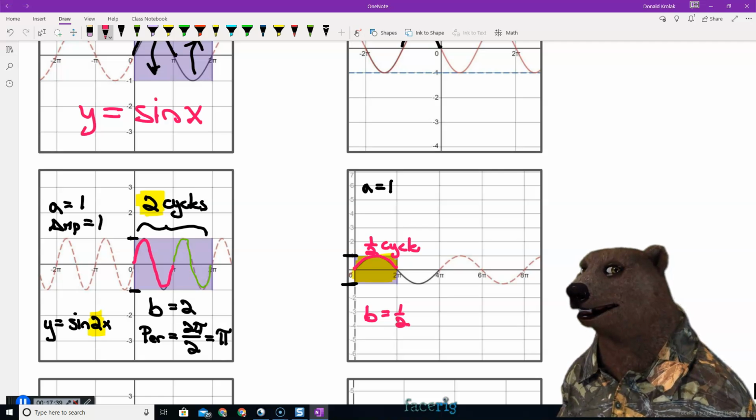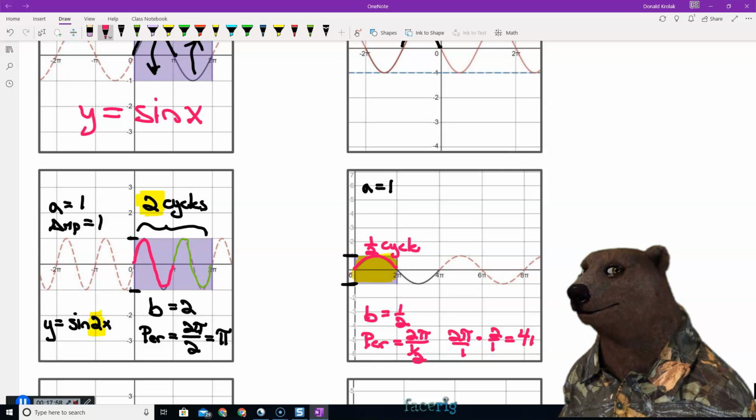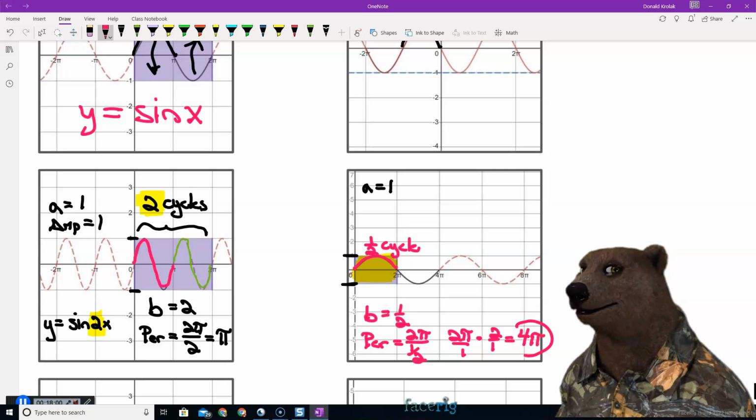To get my period, I take 2 pi and divide it by 1/2. Dividing by 1/2 is the same as multiplying by the reciprocal, and I get 4 pi. That's the period.